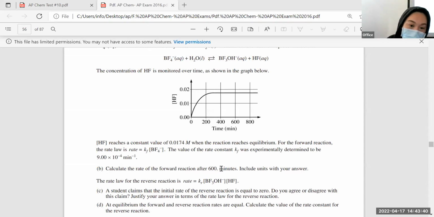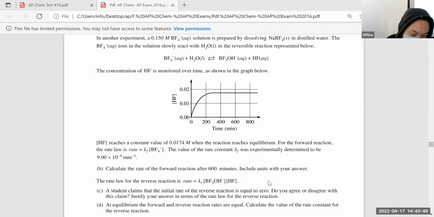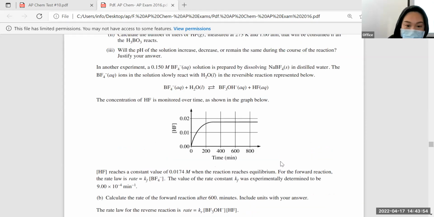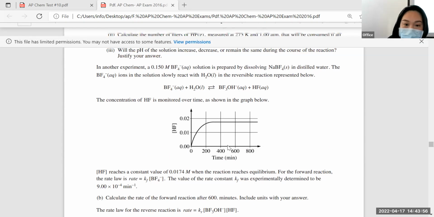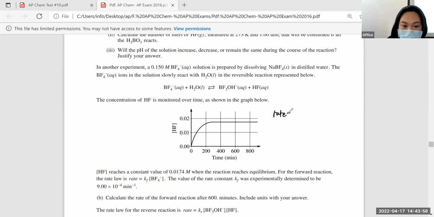Calculate the rate of the forward reaction after 600 minutes. Include units with your answer. Okay, so let me see. So rate equals k times BF4 minus. After 600 minutes, where was this? 0.0174.